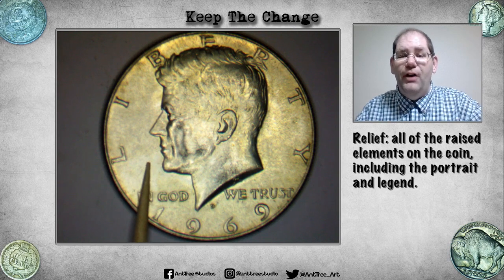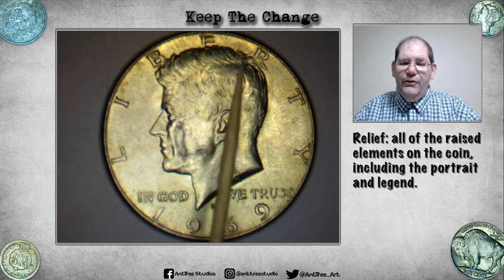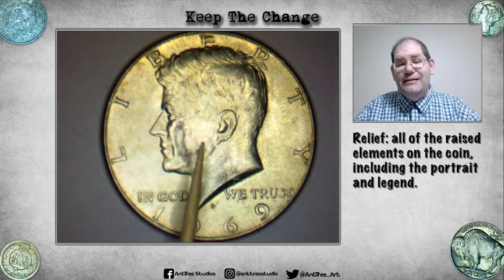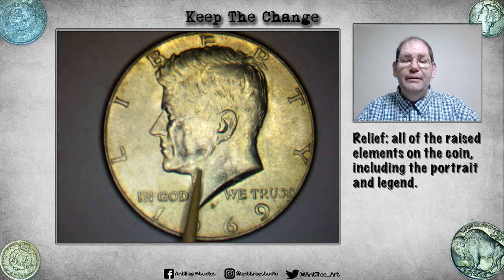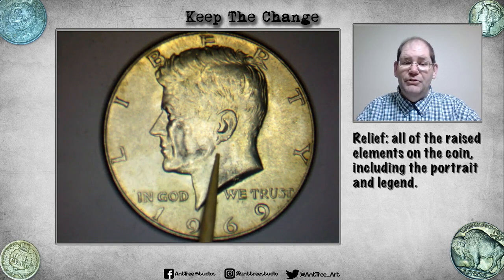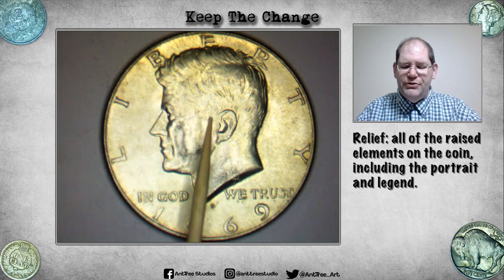It's coming up from the field. We also have the portrait. The portrait in this case is an actual portrait. Sometimes it'll be a historical figure, sometimes it'll just be a character like Liberty, or sometimes it'll be objects like buildings. Could be anything, but that's basically your portrait.